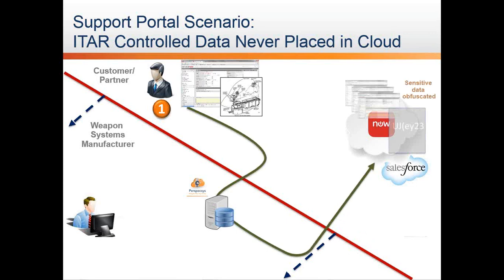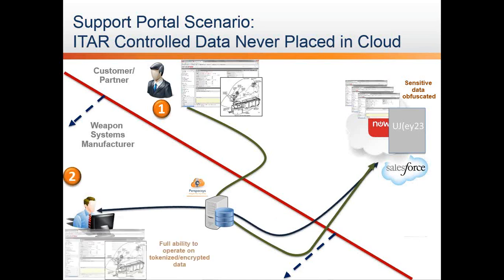The other person who's critical in this situation to be able to see the information is not only the sender, but of course the person on your customer support team. They would be set up so that they would have access to that same information via the gateway, so they could pull it up in the clear and then engage with the customer partner in the appropriate way to solve the problem.